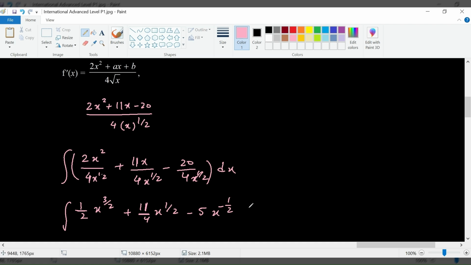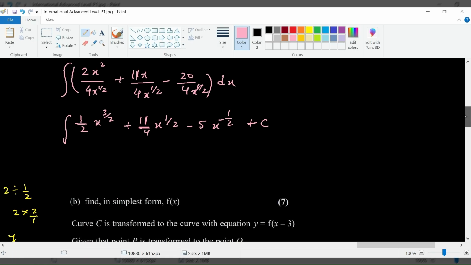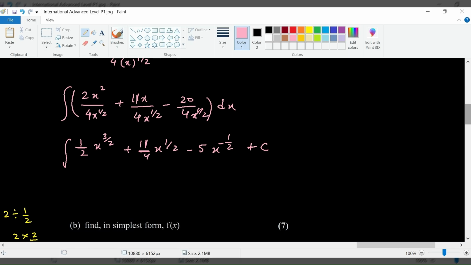And always remember to write a plus c. Since you are integrating, you might lose marks if you don't write it. Now, moving on ahead with this one, we know very well that there are certain things that you need to find out if we are finding out f of x.